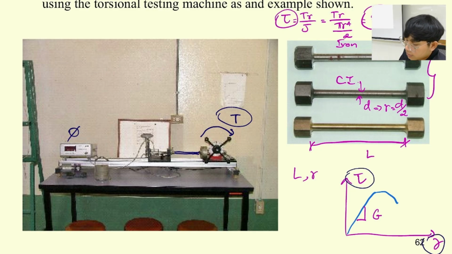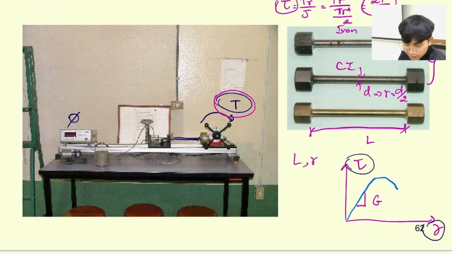So you use this to find the shear stress. For shear stress, you can find it from the torque that you rotate with the force, and then the material diameter. Okay, divided by 2, you're going to get its radius. The second one is the angle of the shear.